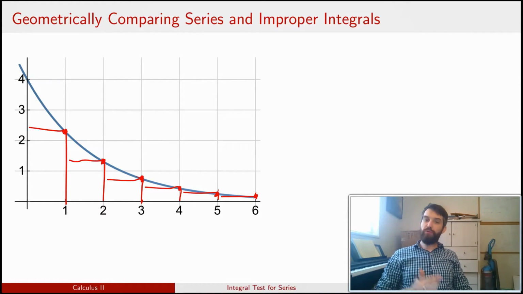And in particular, if we're interested in infinite series, which is what we're studying in this course, then we have to be interested in the area under a curve where we're considering the integral to go from the value of 1 all the way to infinity.